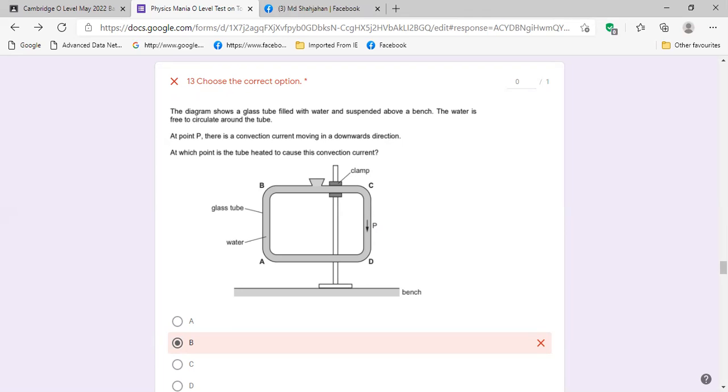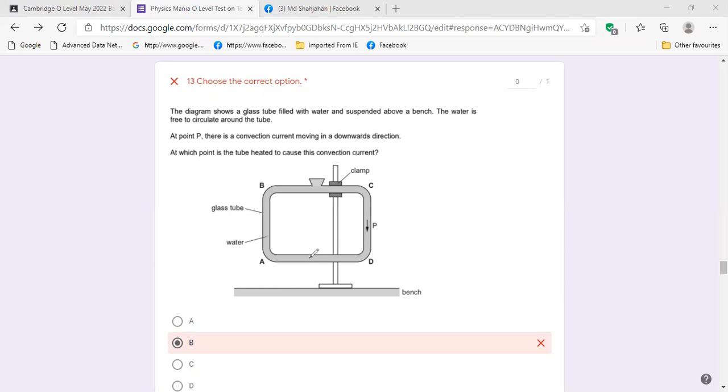Okay, so how is the convection process done? You see here one arrow is given, right? That arrow is showing you the direction of convection current. So if the arrow is here, then we can say in the other part also the direction of convection will go this way, right?